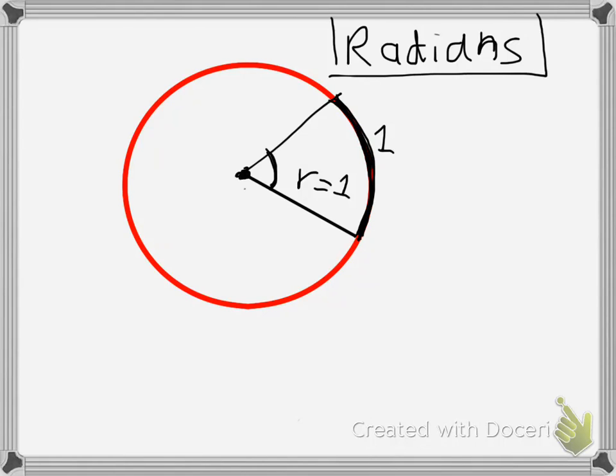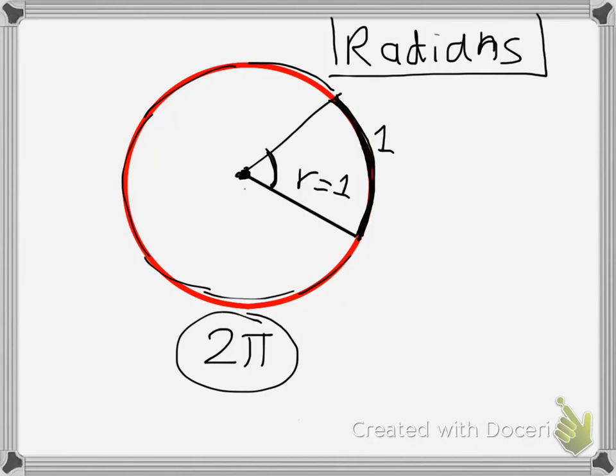Now, the circumference of the circle would be 2 pi, right? Because the radius is 1, so 2 pi r, which is 2 pi times 1, is 2 pi. So the circumference is 2 pi. That means there's 2 pi radians along the circumference, because 1 radian is just 1, and the circumference is 2 pi times 1, so it would be 2 pi radians.